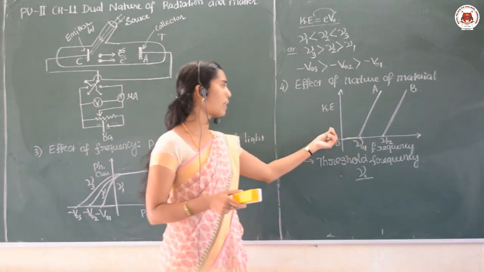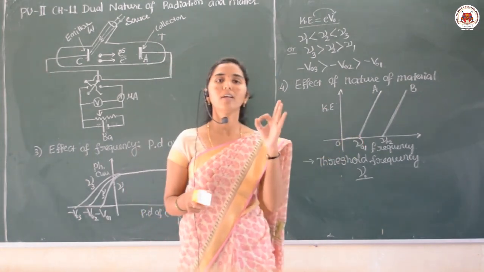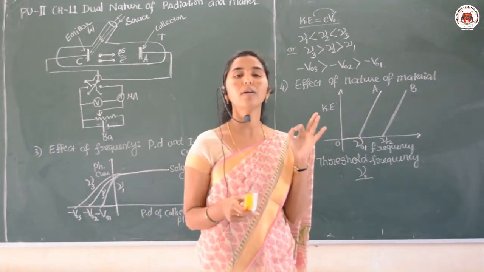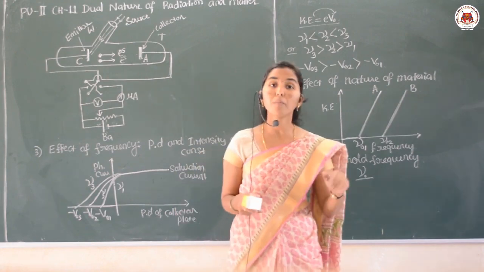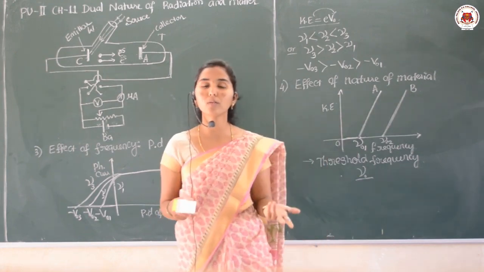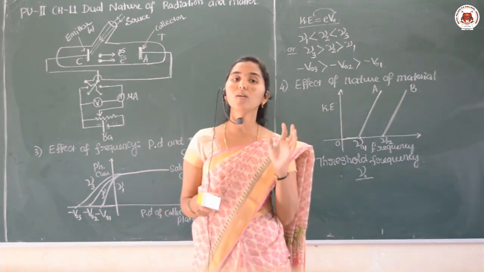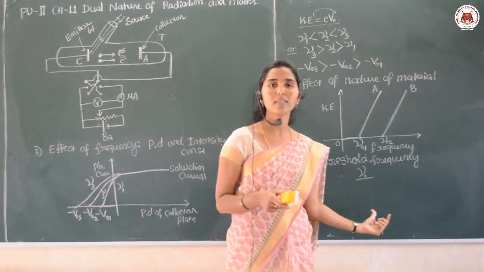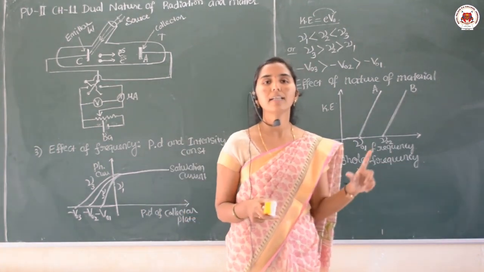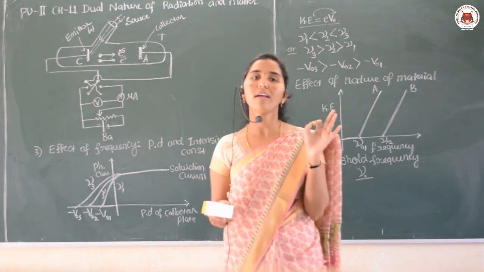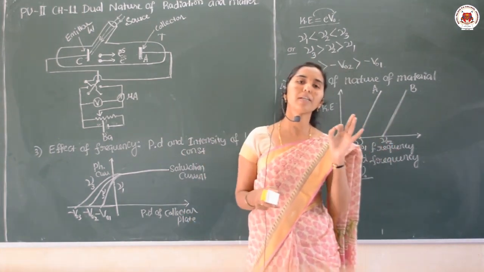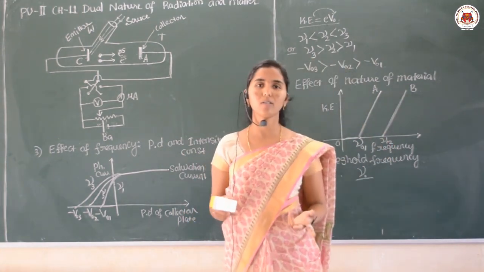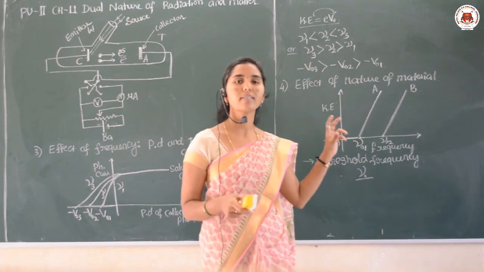And this very clearly tells that every metal has a particular minimum frequency above which only it can emit photoelectrons. That minimum frequency we call the threshold frequency. So, for every metal the minimum threshold frequency is different. Okay. So, this completes the concept of the factors.